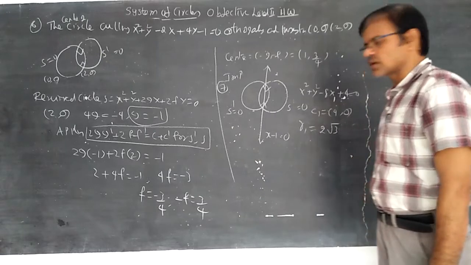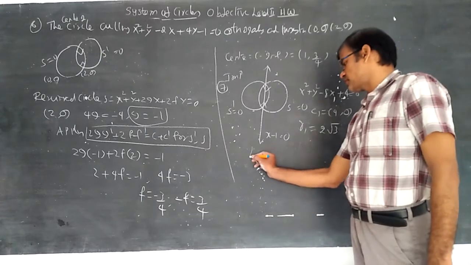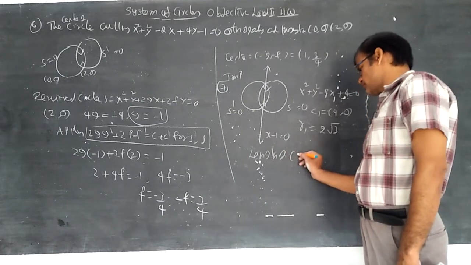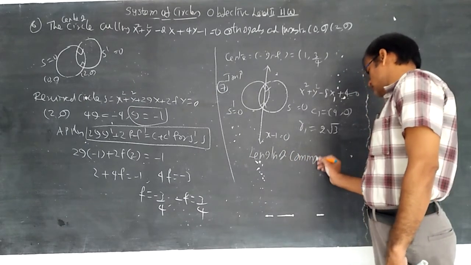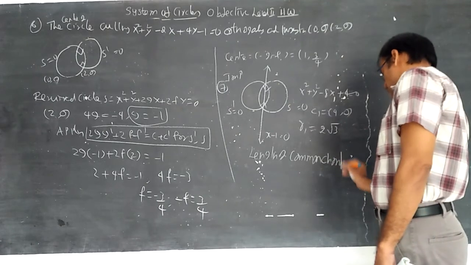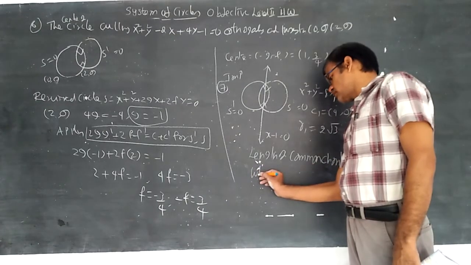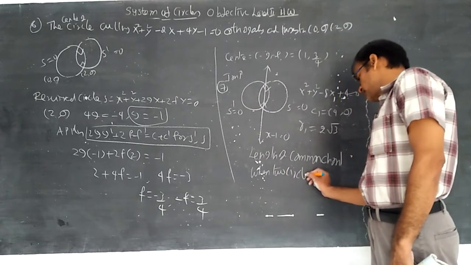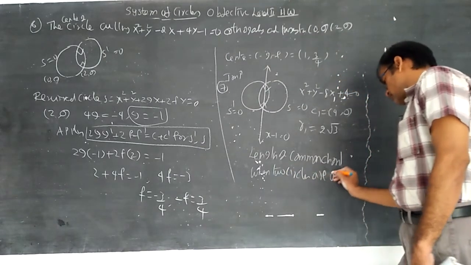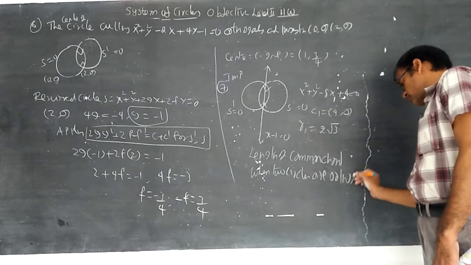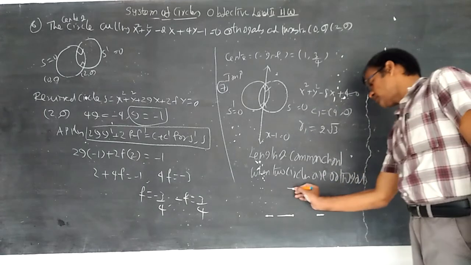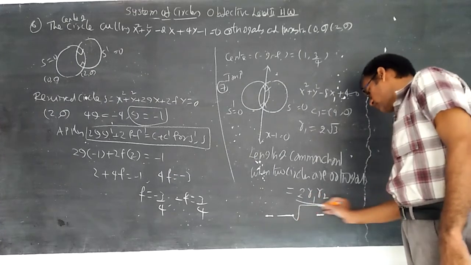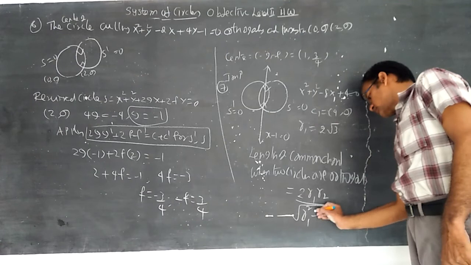Whenever the two circles are orthogonal, let us remember the length of common chord formula. The length of common chord when two circles are orthogonal is 2 r1 r2 by root of r1 square plus r2 square.